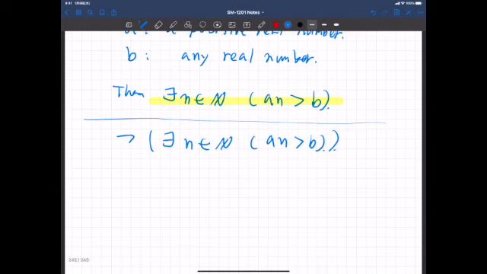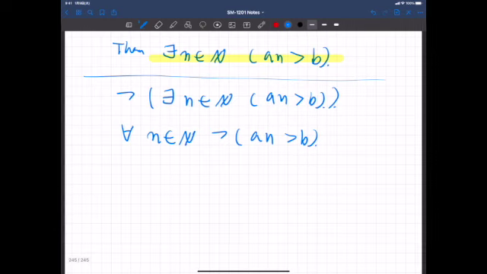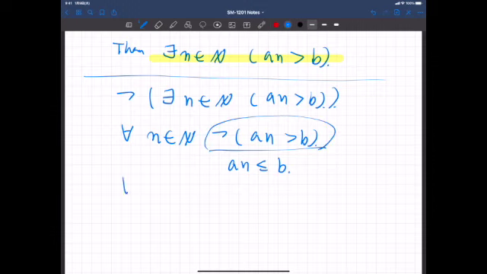If you negate this, that is for all natural numbers, we negate inside, and this becomes an less than or equal to b.